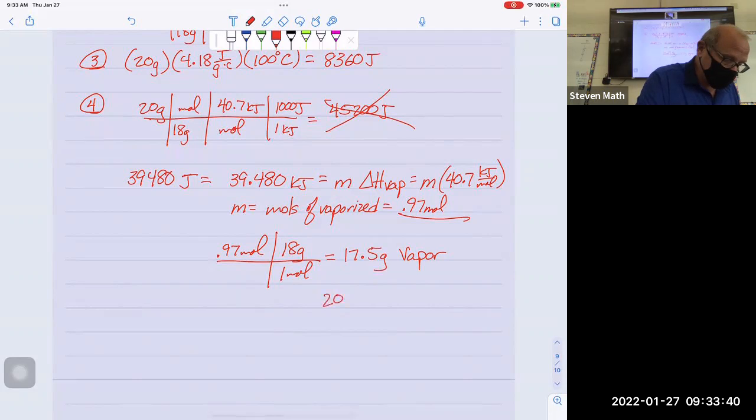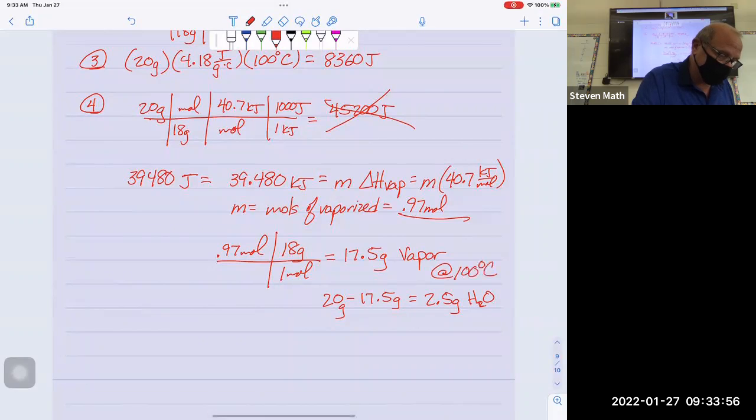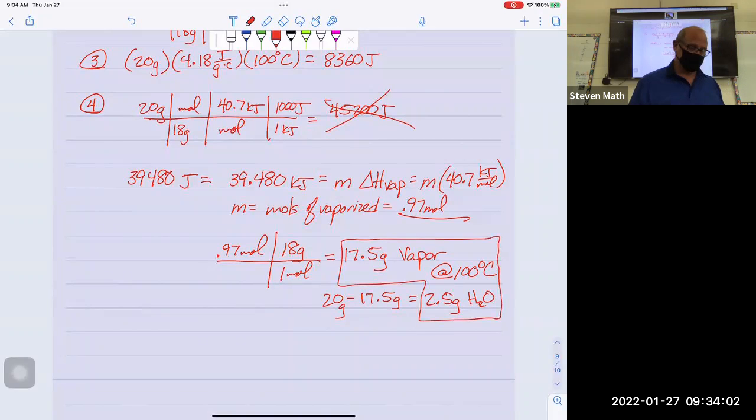Okay. 20 minus 17.5, 2.5 grams is liquid water. And both of these are at 100 degrees Celsius. So we were able to convert most of it to vapor, but we couldn't get everything there.